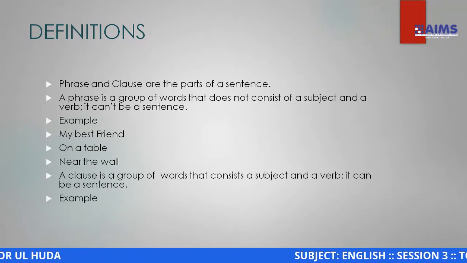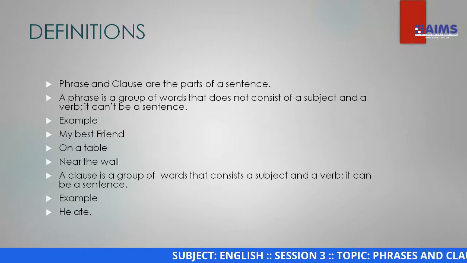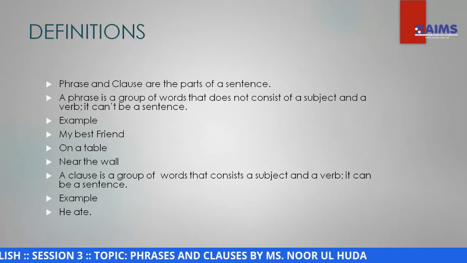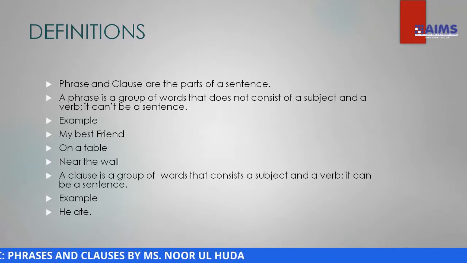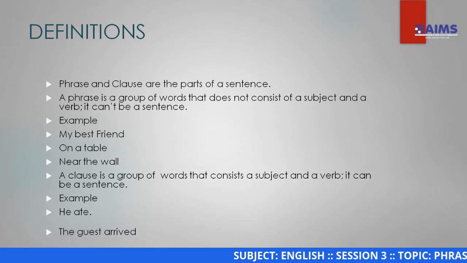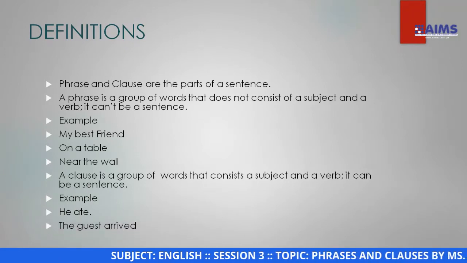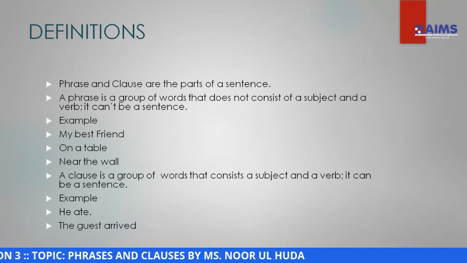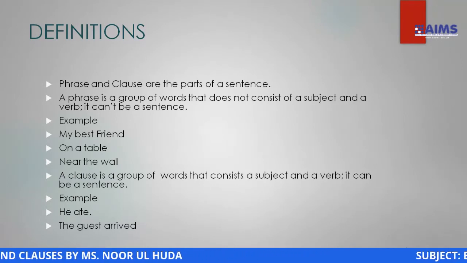Let's suppose, he ate. He ate, obviously, and we can also say that he sings very well. He sings. Cat drinks milk, or cat drinks. These are all clauses. The guest arrived.